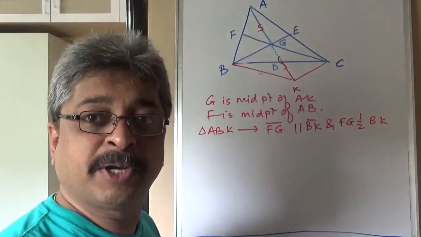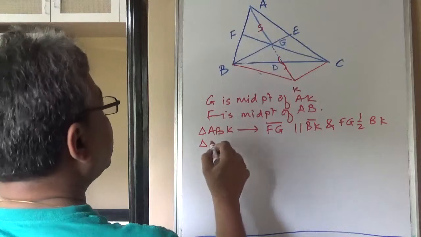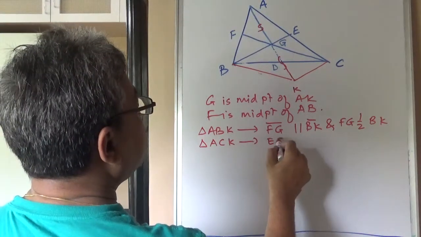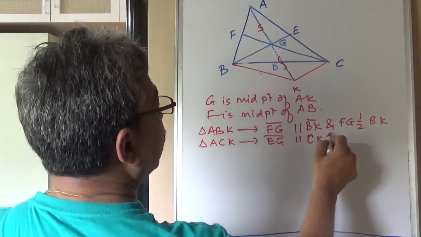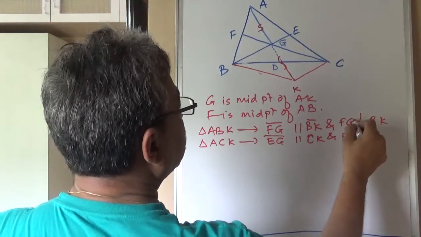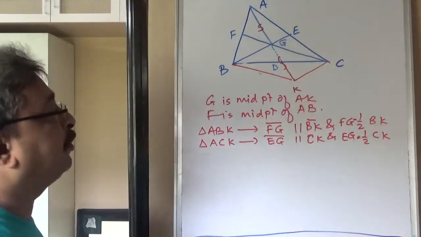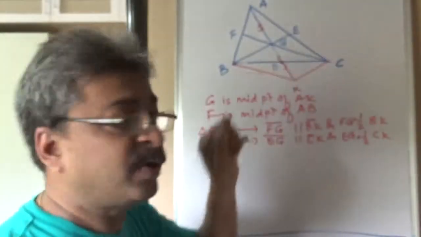These two results I get because of the midpoint theorem. Similarly, if I apply it to triangle ACK, I get the result EG is parallel to CK and EG is half of CK.